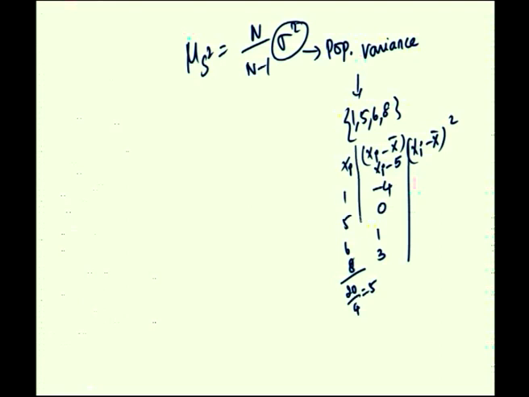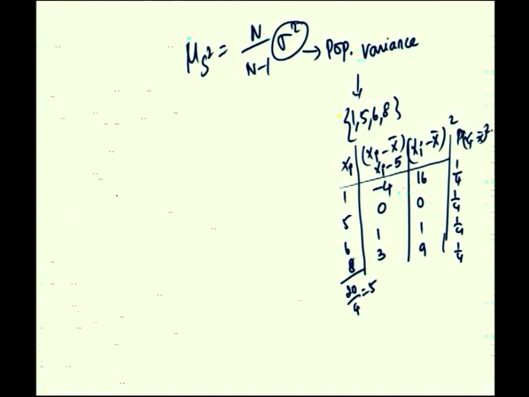Like that the variance is calculated here. The xi minus x bar whole square values are 16, 0, 1, 9. Like that it is calculated along with its probability. Its probability is 1 by 4, 1 by 4, 1 by 4, 1 by 4. This is the probability of xi minus x bar whole square.